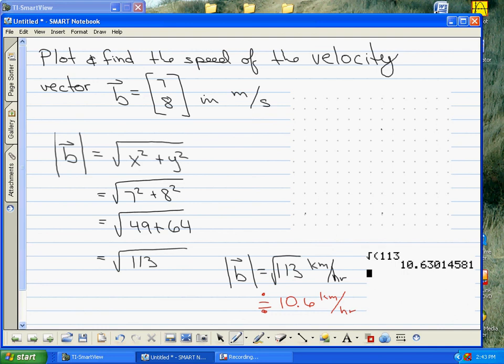I'm just going to start right here. So I am going to travel 7 units x component and 8 units y component: 1, 2, 3, 4, 5, 6, 7, 8. So my directional vector is in this direction. Remember, I am traveling in this direction at a speed of 10.6 kilometers per hour.